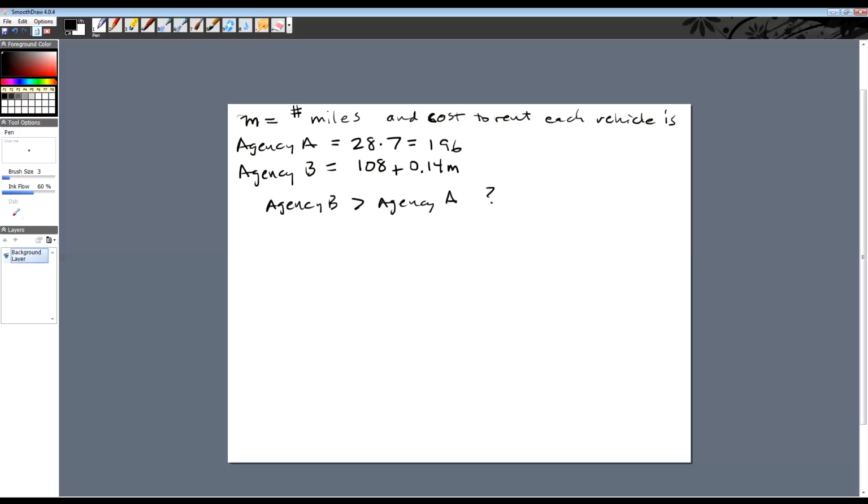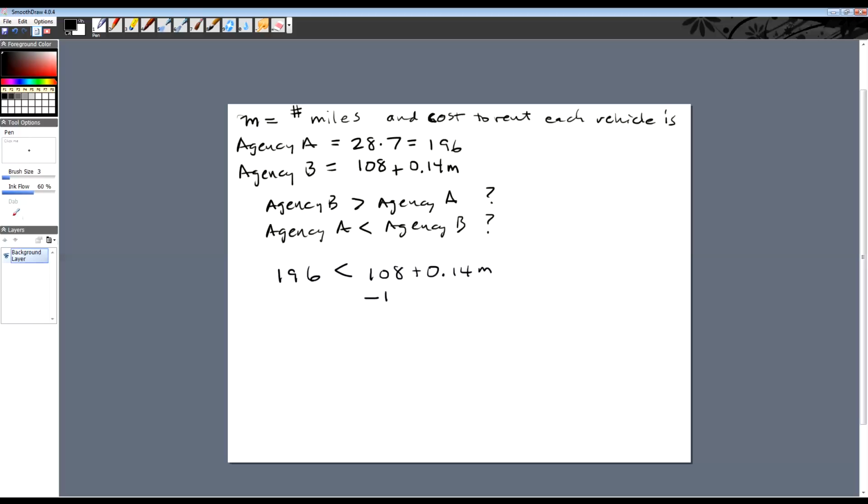So let's think about this. 196, or we could look at this as Agency A is less than Agency B. Same thing. So Agency A is 196 less than 108 plus 0.14 M. Okay.